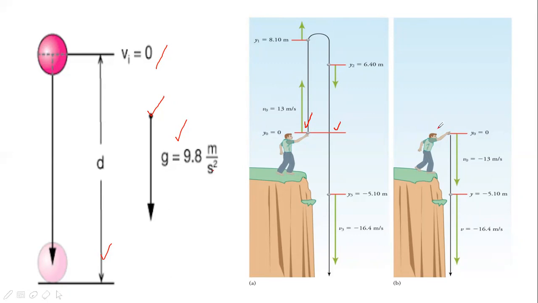Now in this diagram, here the velocity of the body and here the velocity of the body is the same.